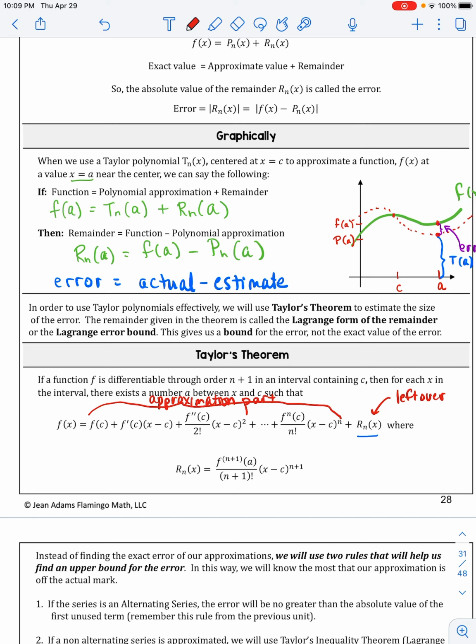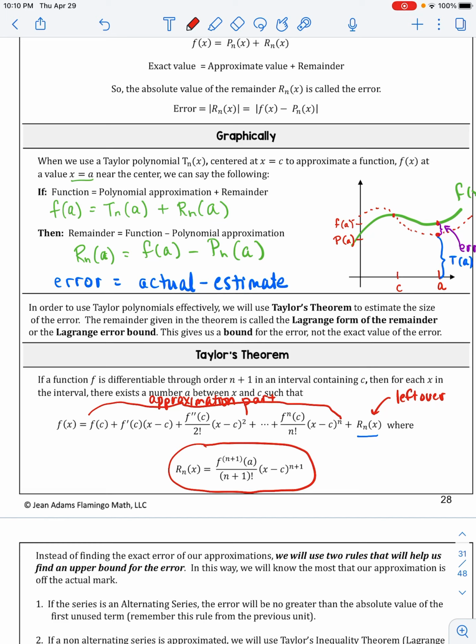And then we're going to call this what is left over, because it's almost like you truncate it. So you take whatever the nth degree Taylor polynomial is, and then this remainder is going to be equivalent to this down here.